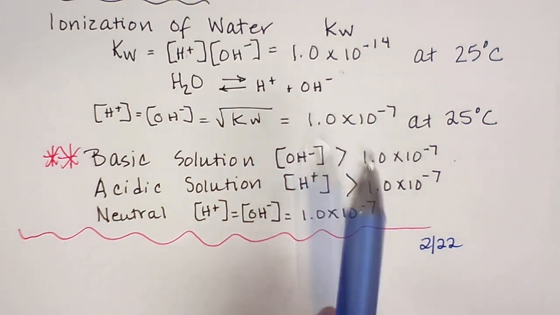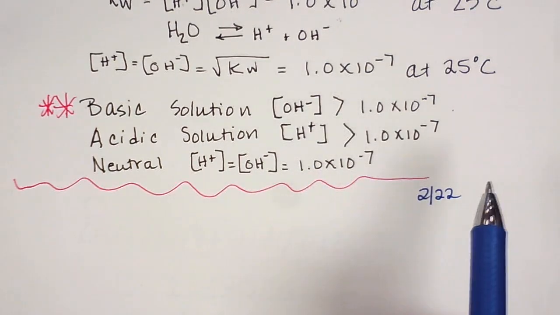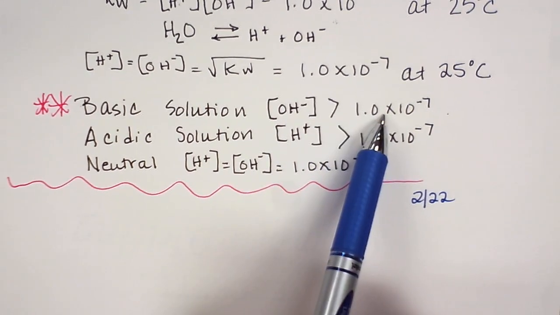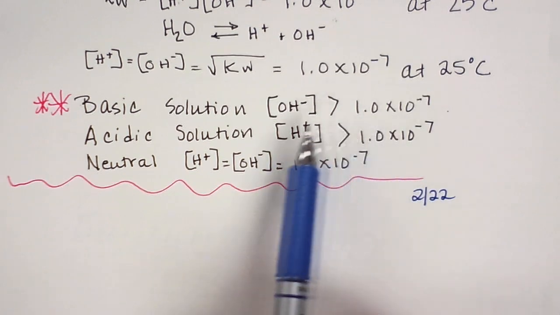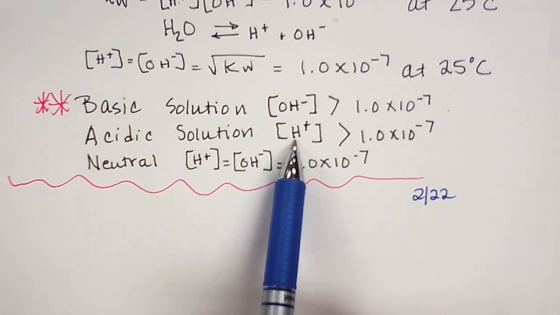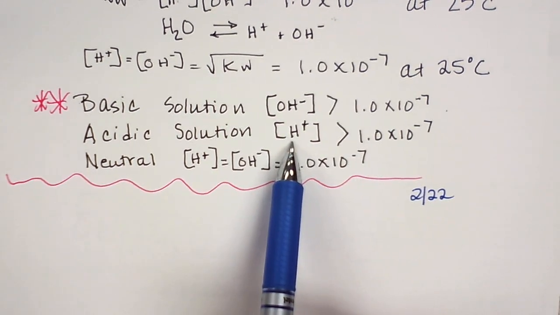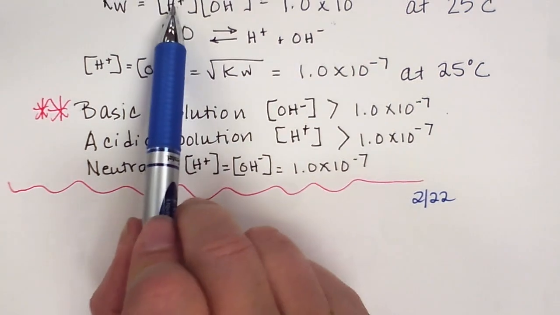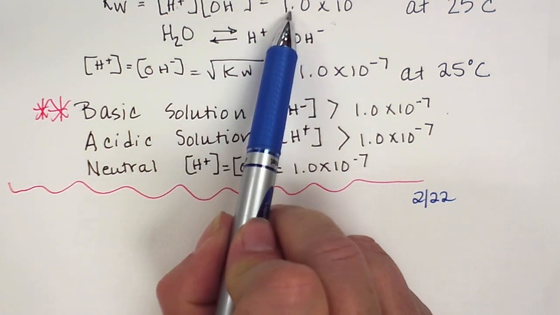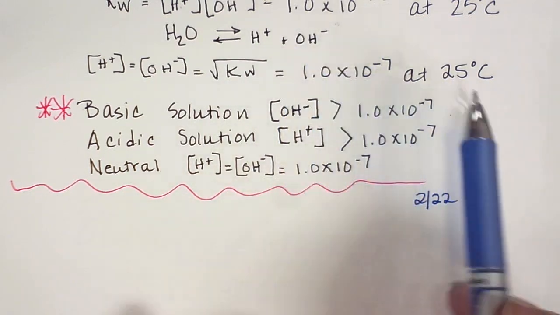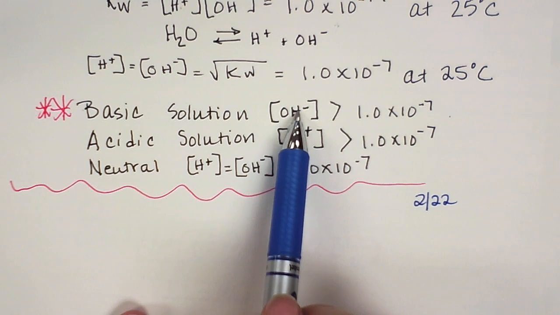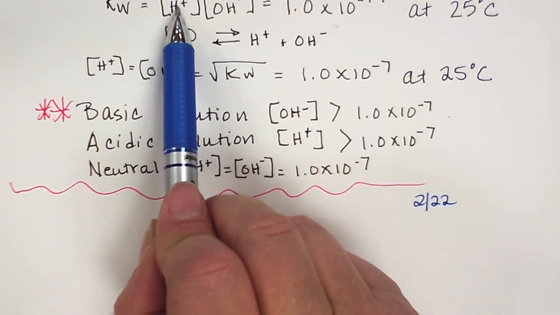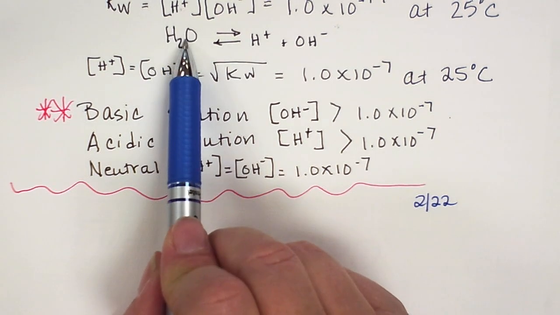Now, if any solution is basic, then the concentration of the hydroxide is greater than 1.0 times 10 to the negative 7. If it is acidic, then the concentration of the H plus is greater. And what I didn't say yesterday is that because these two multiply to 1.0 times 10 to the minus 14, if the concentration of the hydroxide is greater than 1.0 times 10 to the negative 7, then the hydrogen is less.